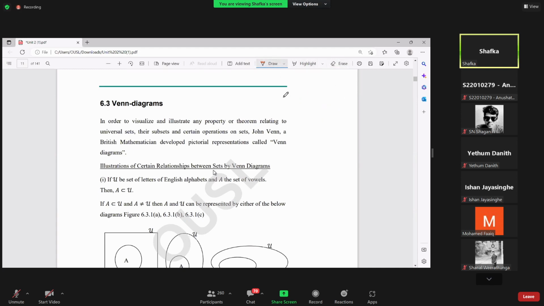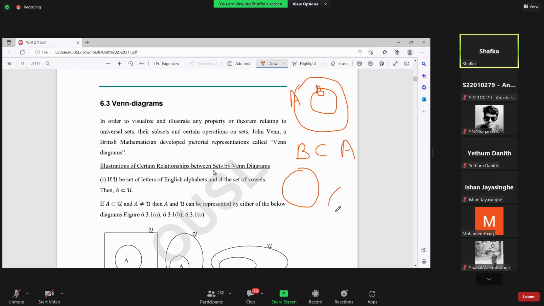If you have a set and a proper subset of it, you have to draw it inside the larger set. If B is a proper subset of A, you always have to draw that set inside the larger one.